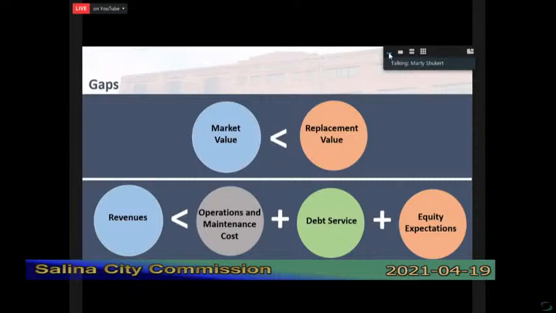One is O&M, operations and maintenance, what it basically costs to keep that thing going. The debt service, the amount of money that I as a developer have borrowed to be able to build the project, and the expectations of my equity investors who may or may not want a piece of that typical annual revenue.